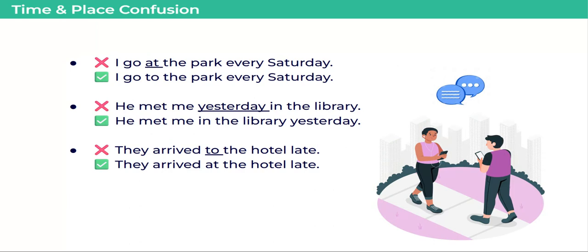So I need a preposition that shows movement. Which direction am I going in? I need to. If I use the verb to be, I would then use at. I am at the park. I go to the park.